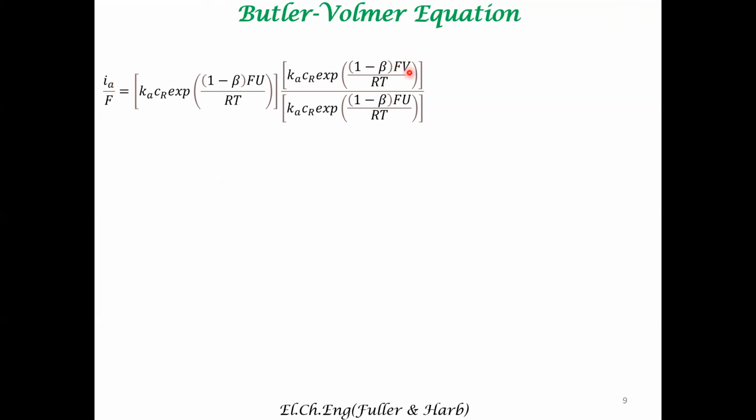At a potential V, which is different from the null potential U, there are finite currents flowing. Depending on whether you are above U or below U, there can be net anodic or cathodic currents, but you are no longer at equilibrium and there are finite currents.